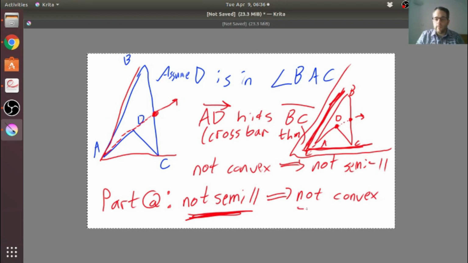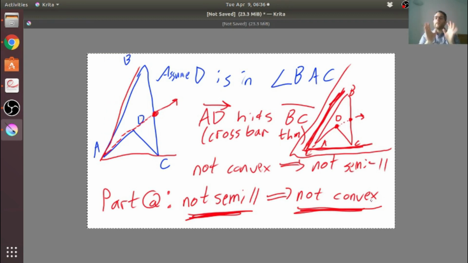But by definition that means my quadrilateral is not convex. So if it's not semiparallel, it's not convex. Using that argument, we can say that a quadrilateral is convex if and only if it is semiparallel. So that's part B of the problem.